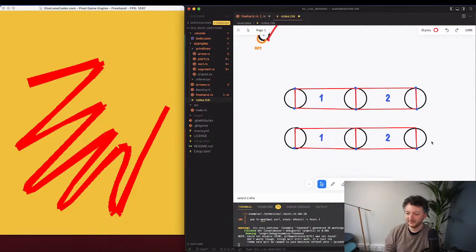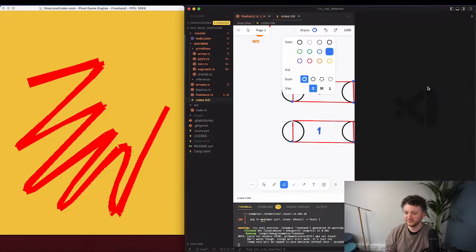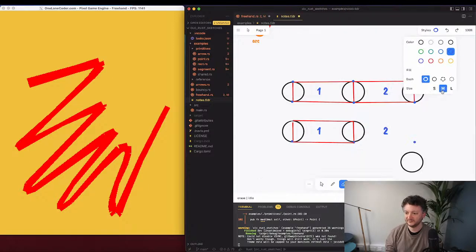Whereas if this one goes down, so if it kind of makes a right turn here, then this segment would actually be the same, right? So this one would be the same as this one. However, we would have new tangents.